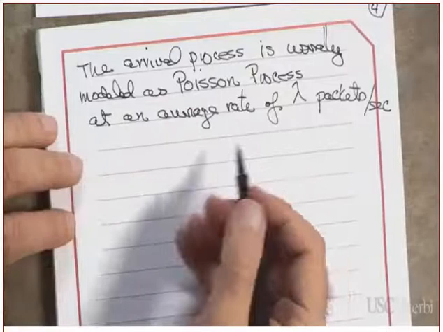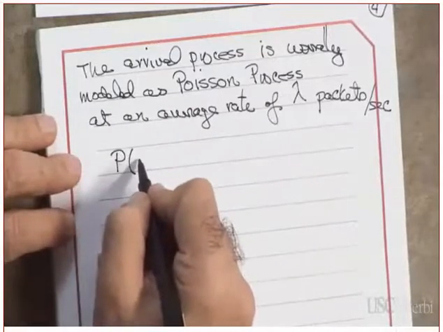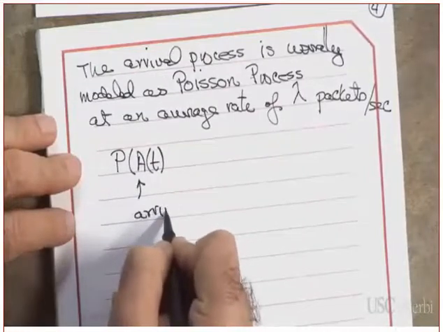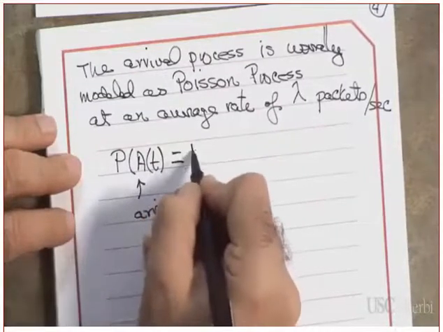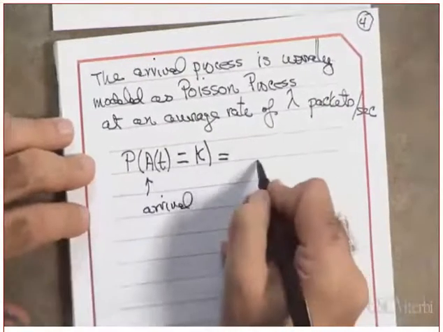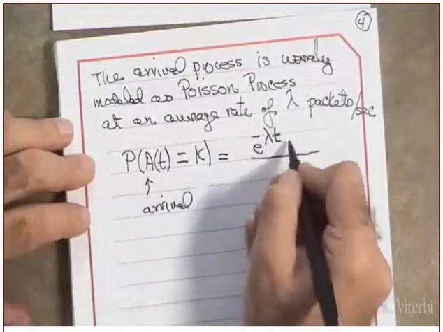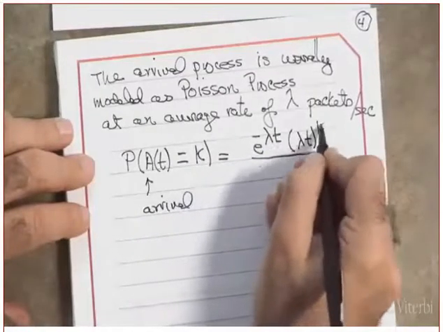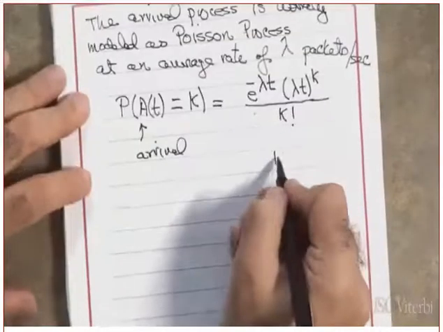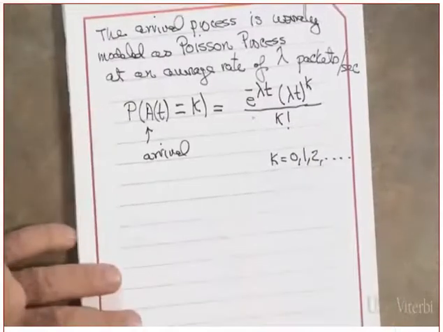Do you remember the equation? The probability of A of t, arrival, equals (lambda t) to the k, e to the minus lambda t, over k factorial, where k goes from 0, 1, 2, and so on.